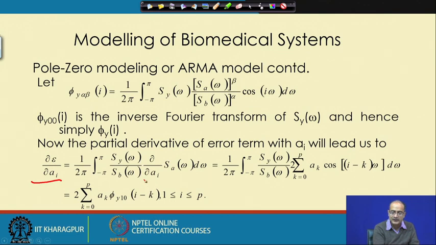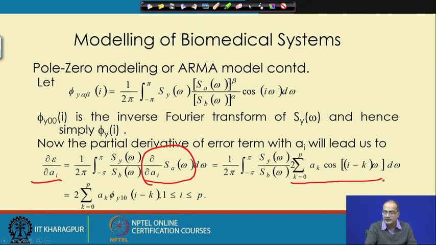So, the partial derivative will be applied only to S A. Here we make use of the previous result, replacing it with the summation of the a_k coefficients, and using that we can write it in a more compact form.